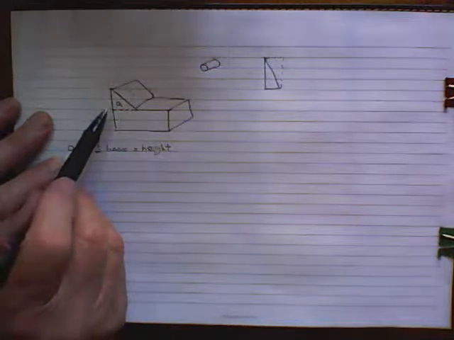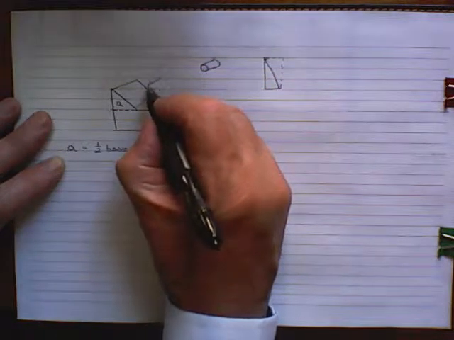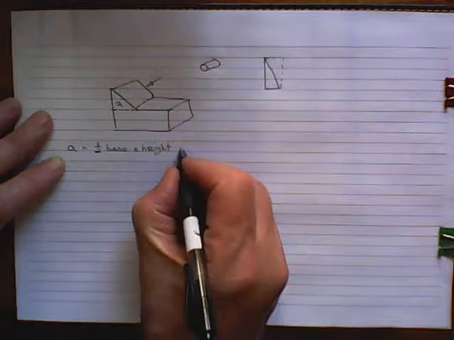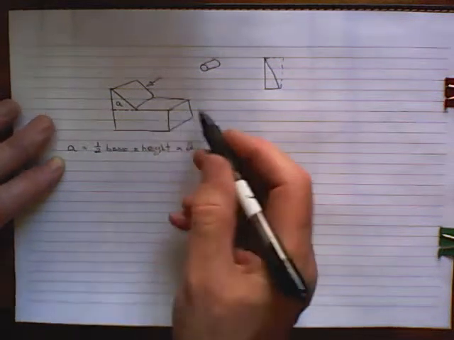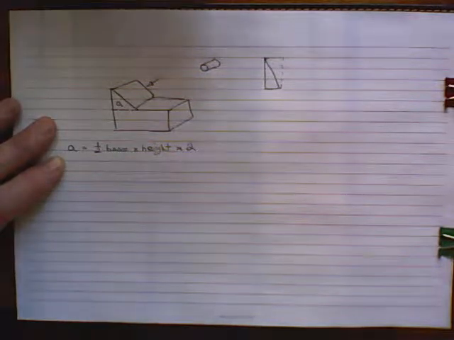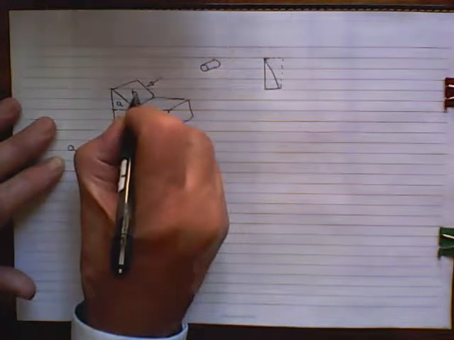But how many of them are there? Well, there's 2 A's because there's one there and there's one there. So we need to put down 2 times A. Let's identify another area that we need to look at.